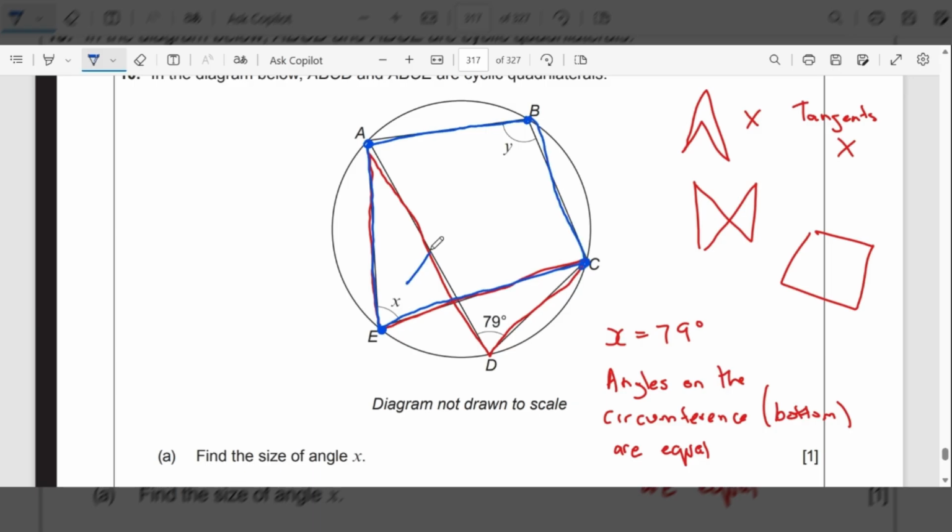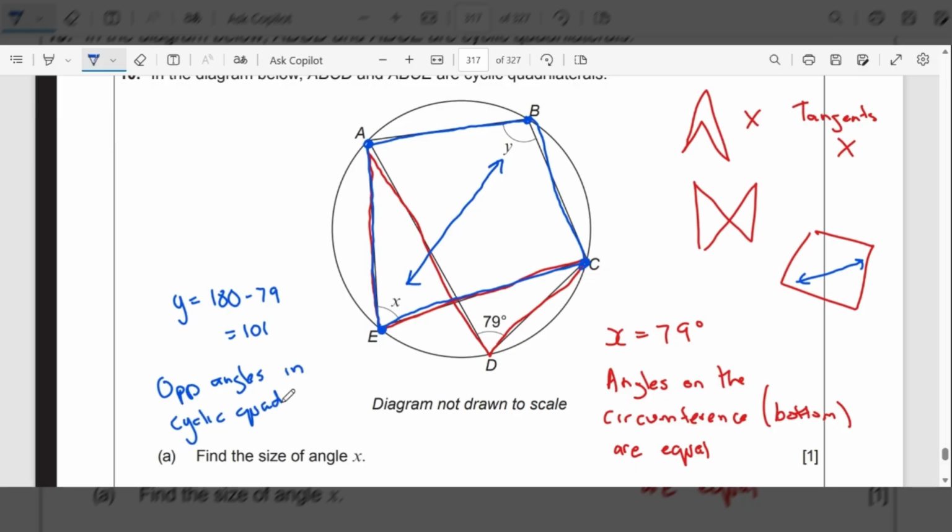All right, in that case, opposite angles in the cyclic quadrilateral add up to 180. Okay, so if that's 79, y equals 180 take away 79, which is 101. And my reason is opposite angles in cyclic quadrilateral add up to 180 degrees.